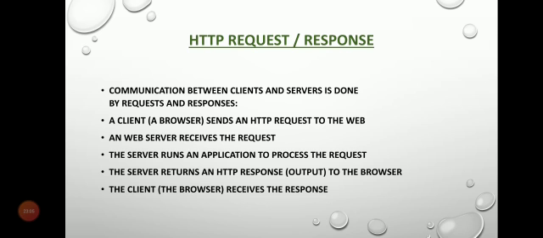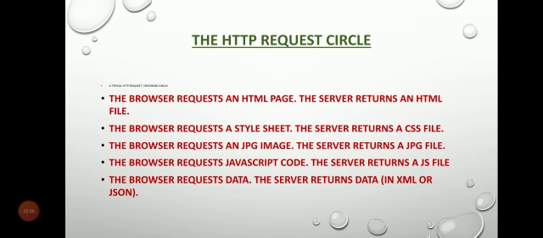A client, a browser, sends an HTTP request to the web, and the web server receives the request, and the server runs an application to process the request, and the server returns an HTTP response output to the browser, and the client, the browser, receives the response.